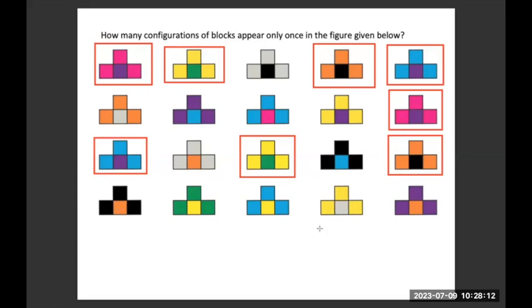All right, so I don't find any other blocks except for this. So I'll just count the remaining blocks which are not highlighted, which is 1, 2, 3, 4, 5, 6, 7, 8, 9, 10, 11, and 12. So the correct answer is 12.